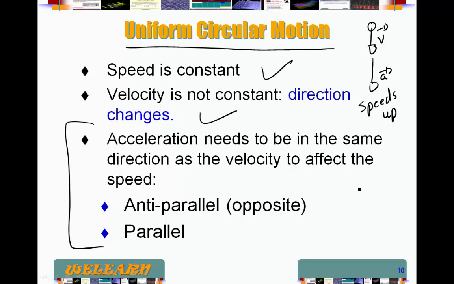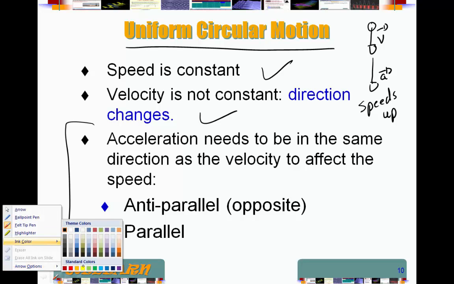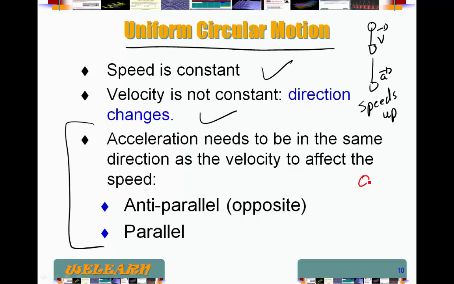And we also know, let me choose another color, if an object is moving with a velocity like this, but the acceleration is opposite in direction, so we know it slows down.